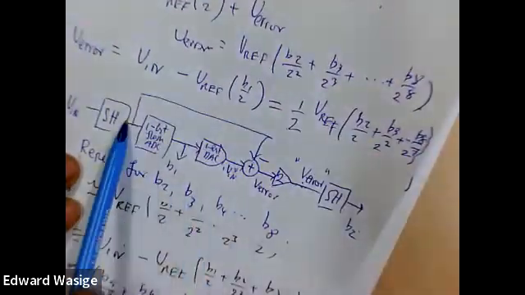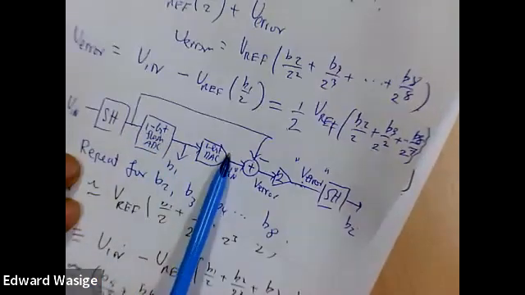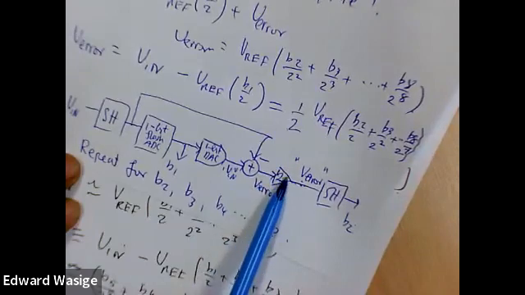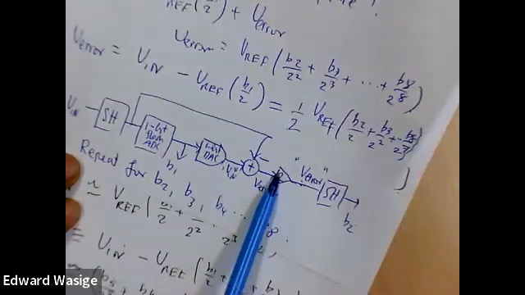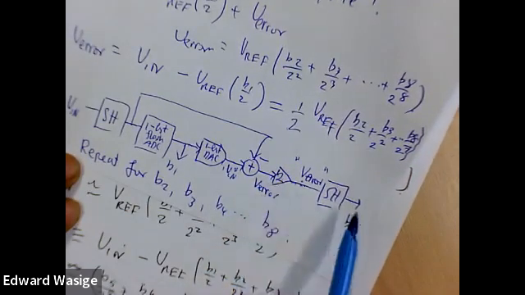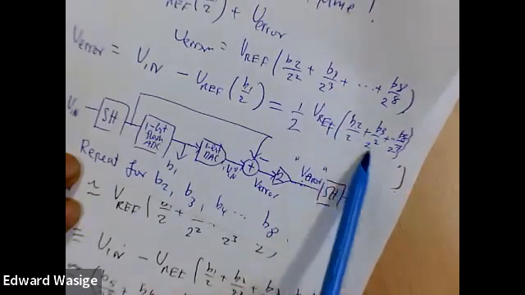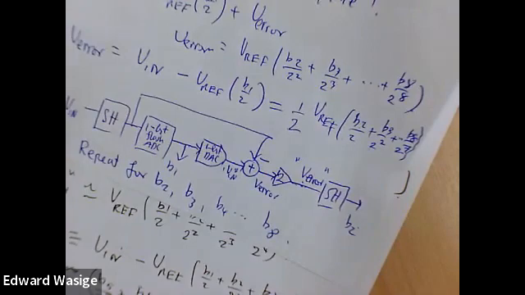So for B1, the reference voltage is what it is. And by providing this amplification of 2, it means that we can use the same reference voltage to determine those values.